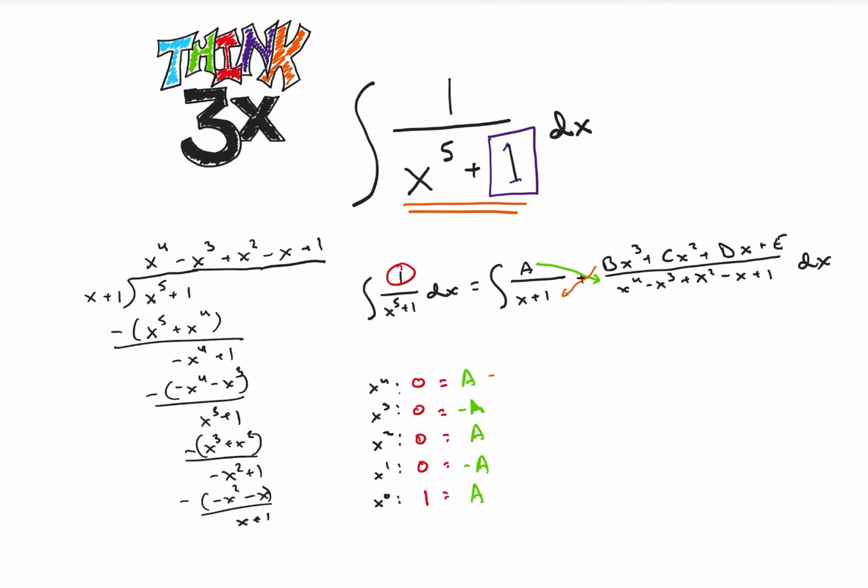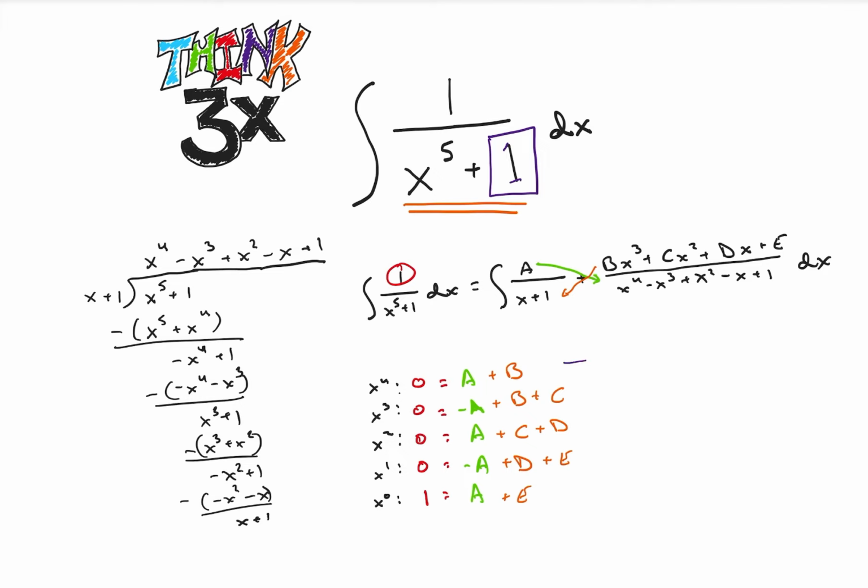So I'm going to have plus bx to the fourth plus bx cubed plus cx cubed plus cx squared plus dx squared plus dx plus ex plus e, and that's going to be our whole equation here.